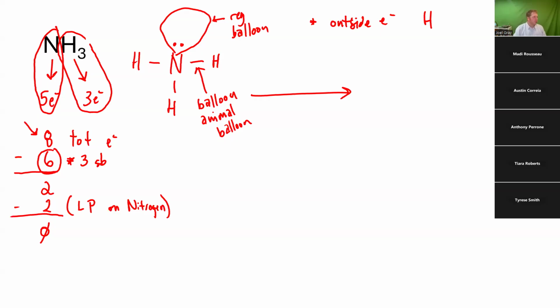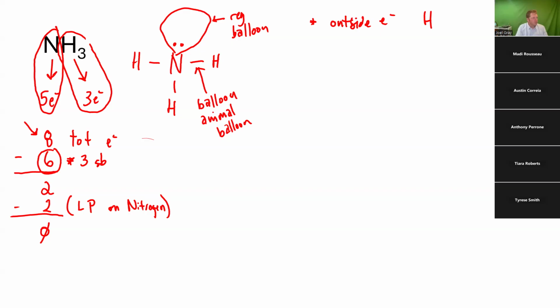Okay. So this regular balloon, these 2 electrons, this lone pair of electrons on nitrogen, they use force. Actually, let me ask this question. If you have 2 negative things coming towards one another, what are they going to do? The word I'm looking for starts with an R. They're going to repel.